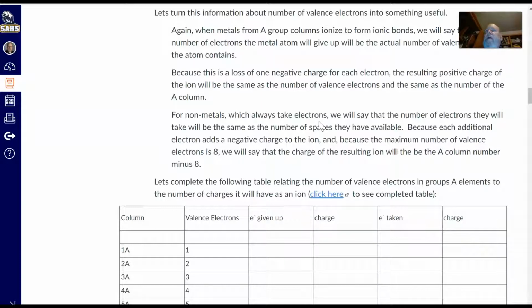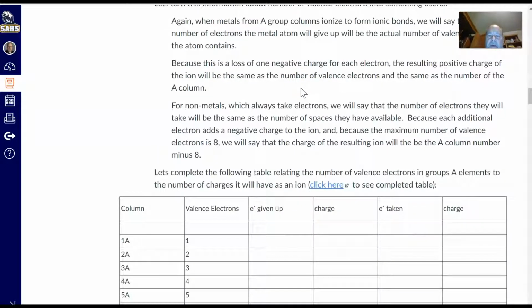So, if I'm in column 1A, I have 1 valence electron, I'll give up 1 valence electron, and I'll have a charge of +1. If I'm in column 3A, I have 3 valence electrons, and I'll give up 3 electrons, and I'll have a charge of 3+, and so on.